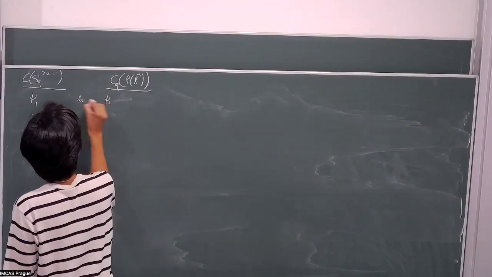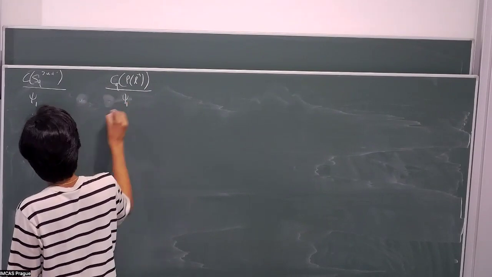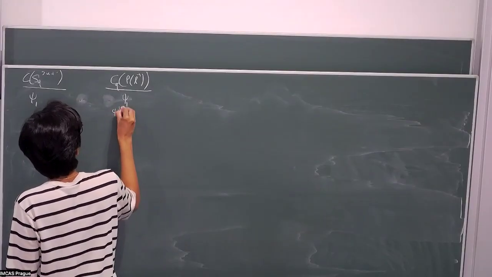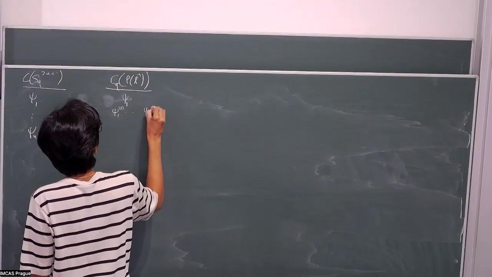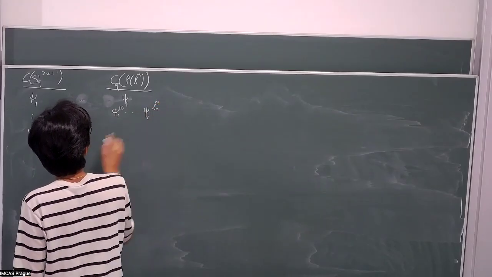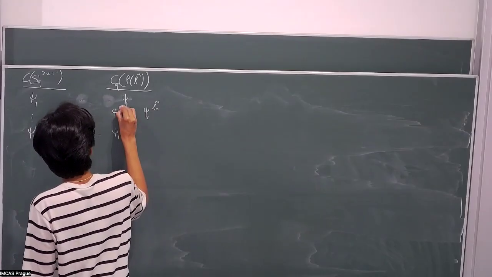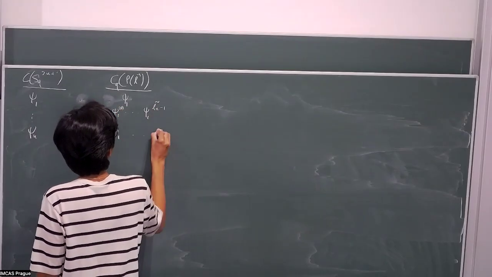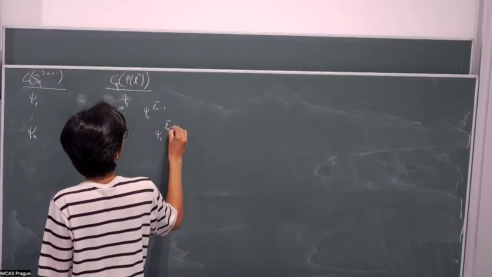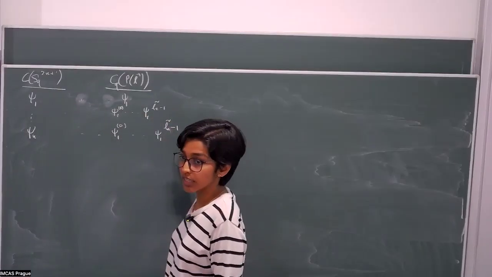Here, if I have Ln, L1, I just have psi m1 many, and then here psi 1 1, etc., psi L2 tilde many, and psi tilde minus 1. So all of these just split.